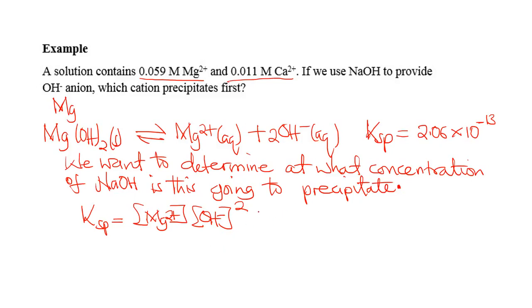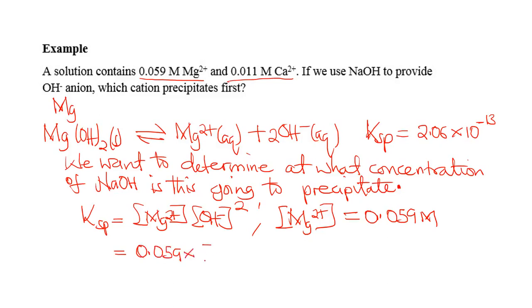Now, we are given the concentration. The concentration of Mg2 plus is already given, which is 0.059 molar. So we just substitute this concentration here. We have 0.059 times the concentration of OH squared is equal to the KSP, 2.06 times 10 to the power negative 13.